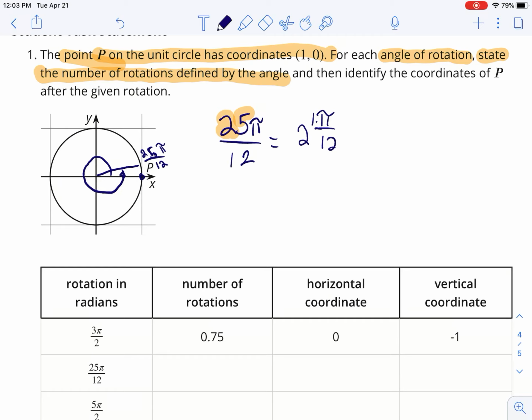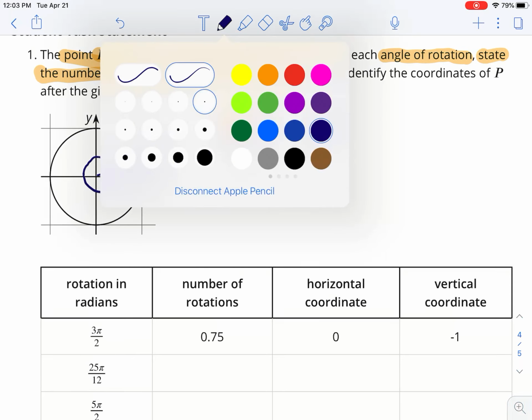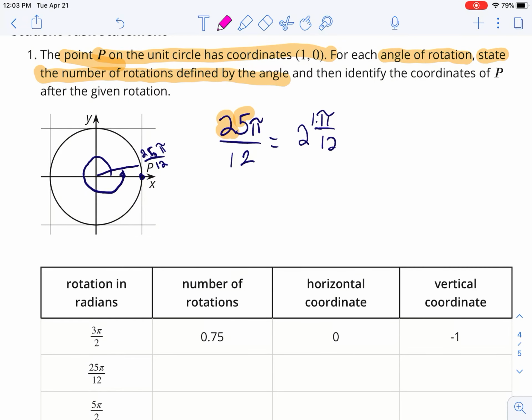Now we have to determine how many rotations we actually have. If you think about how many twelfths are in a whole pi, there's 12 of them, and how many twelfths are in 2 pi, 24 out of 12, and then we have 1 left over.